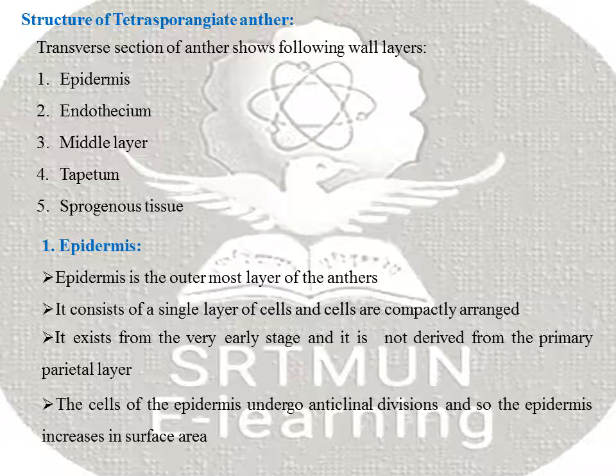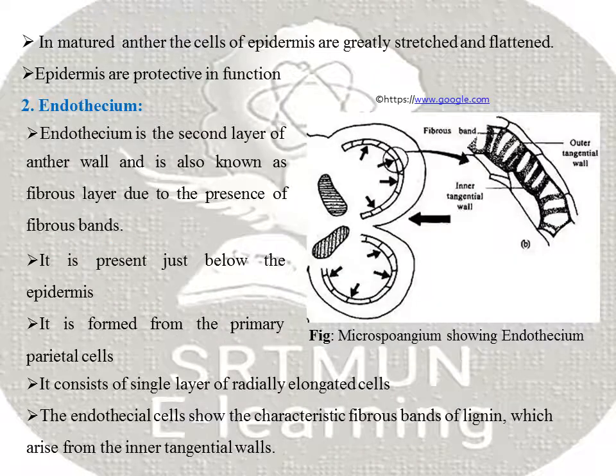The cells of the epidermis undergo anticlinal divisions, and so the epidermis increases in surface area. In mature anther, the cells of epidermis are greatly stretched and flattened. Epidermis is protective in function.